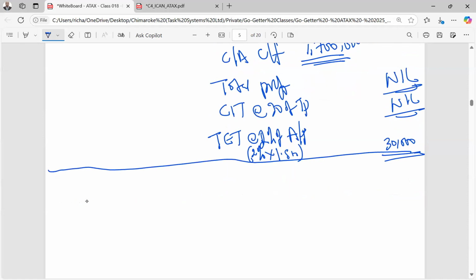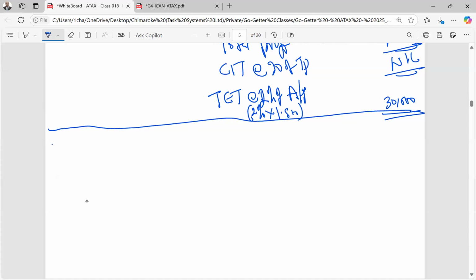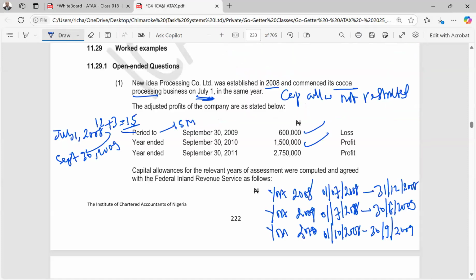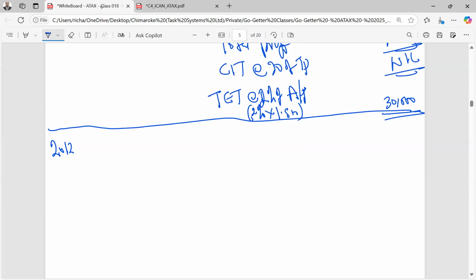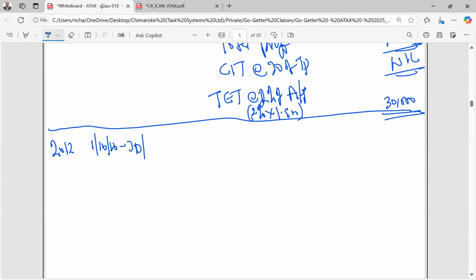Then the last one is going to give us year of assessment. It's going to be 2012. Okay, 2012. And that's going to be from October 1, 2010 to 30th of September 2011.